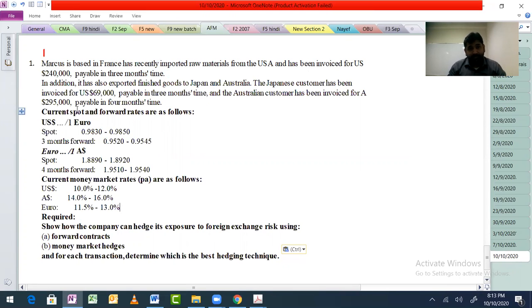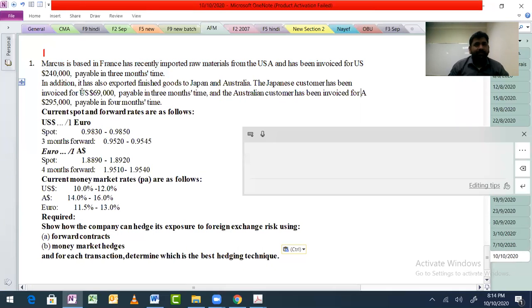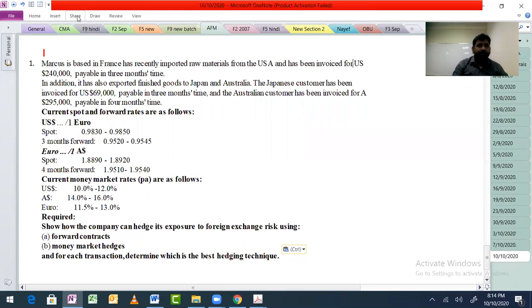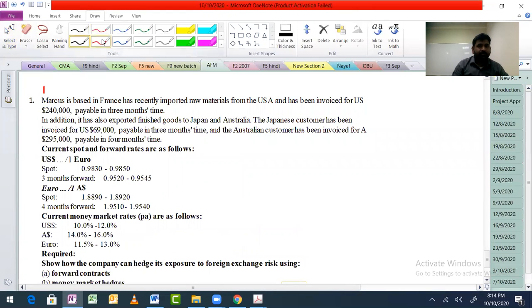The Japanese customer has been invoiced for so many US dollars, payable in 3 months' time, and the Australian company has been invoiced for this many dollars, payable in 4 months' time. So I think, okay, no, this is Australian dollar and this is US dollar, this is also US dollar. So you will have to do some maths to check what's going on here.